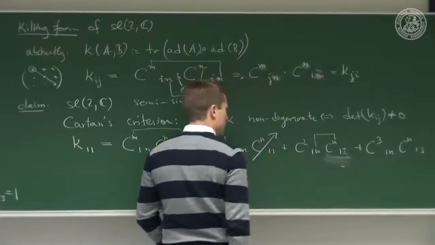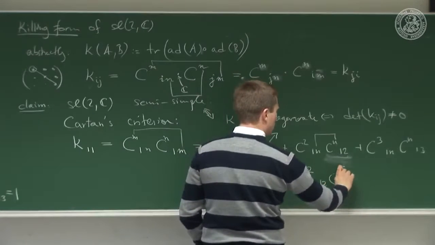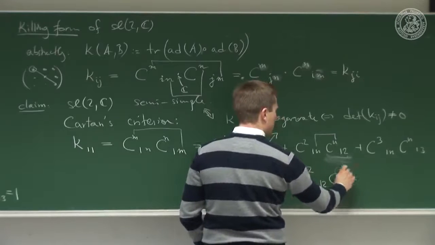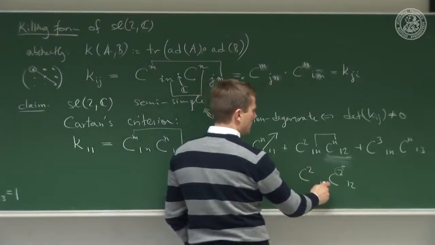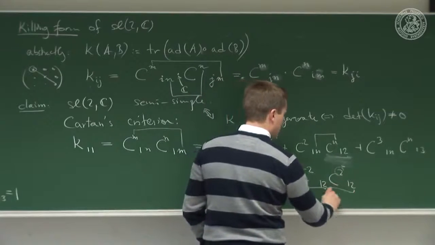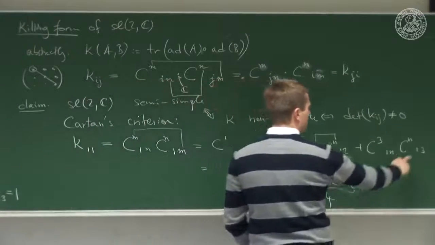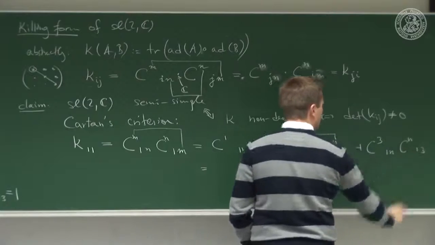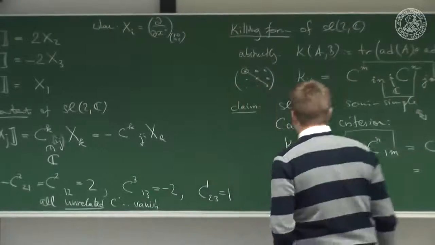So in fact, in resolving this sum, the only one that survives is C2 1 2, because here we need the 2, but then we have to have a 2 here too. Then you have C1 2 C2 1 2, which is 2 times 2 is 4, according to our insight here. Similarly here, Cn1 3, the only one that survives is C3 1 3.